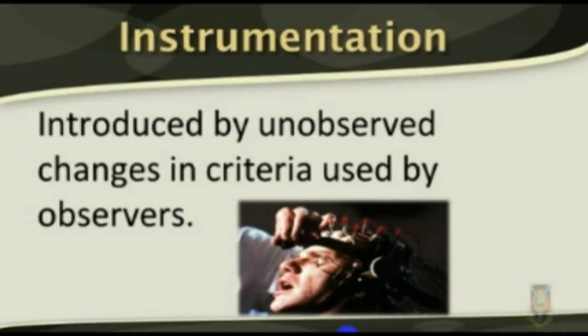Similarly, if an instrument used to record activity of rats in a cage becomes less and less sensitive over time, it becomes impossible to tell whether activity is really changing or just the ability of the instrument to detect activity.